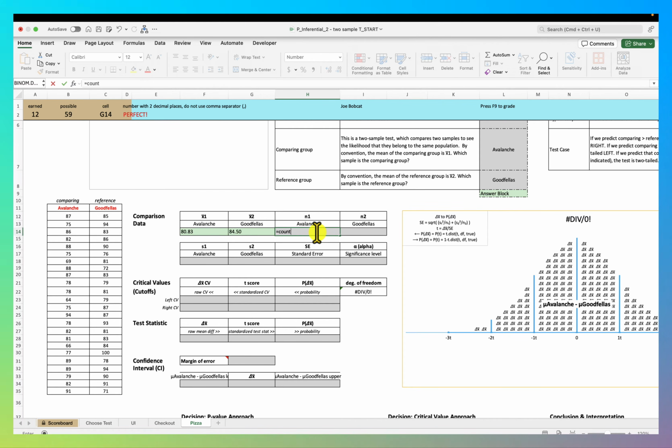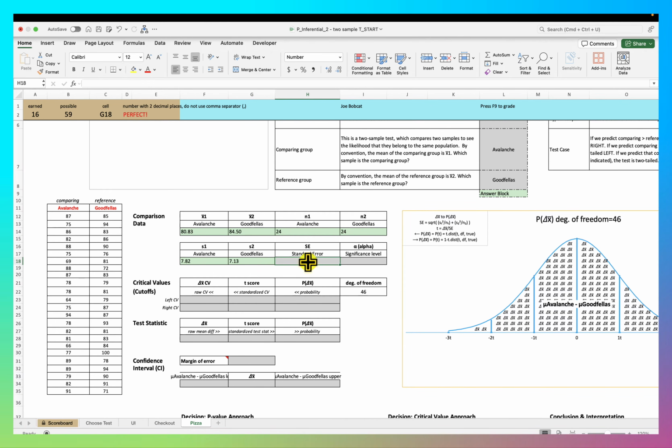Equals count Avalanche, equals count Goodfellas, equals standard deviation dot S of Avalanche and equals standard deviation dot S for Goodfellas.